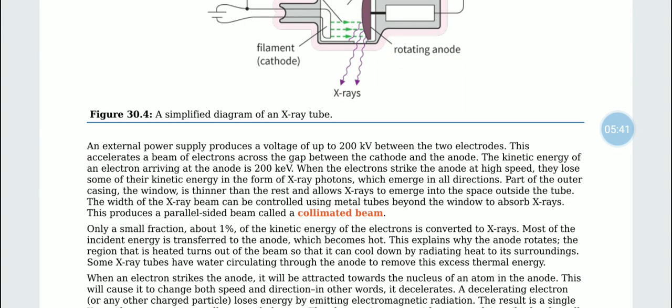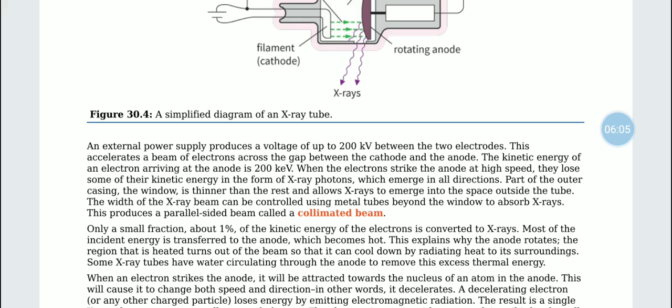So a very high voltage is provided. That produces an accelerated beam of electrons that jumps across the gap between the cathode and the anode. Then the kinetic energy of the electrons that arrive at the anode is going to be 200 kilo electron volts.